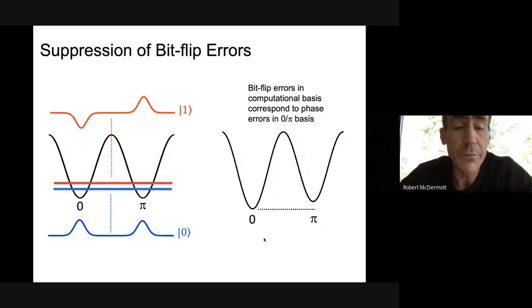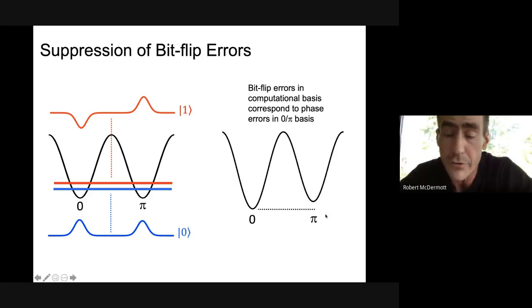Well, bit flip errors in this logical 0-1 basis are going to correspond to phase errors in the 0 pi basis. Now, if we had a perfect pi element, the 0 valley and the pi valley would be exactly at the same energy, and there would be no mechanism for phase noise in the 0 pi basis.